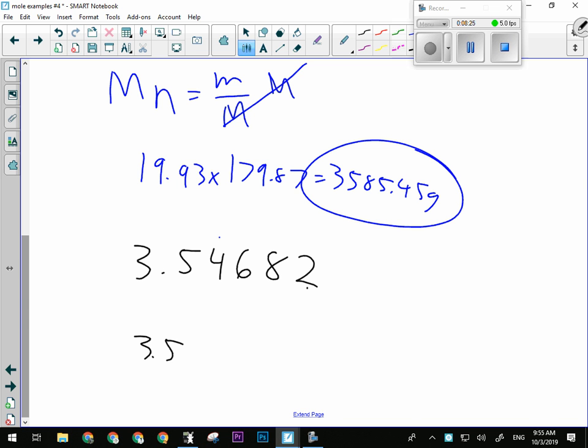But here's what people are doing. 2 doesn't round the 8, but 8 rounds the 6 to 7. 7 rounds the 4 to 5. 5 rounds the 5 to 6. That's not how rounding works. For one thing, if I had a lot of decimal places, that could take a really long time. And secondly, that's not how rounding works.